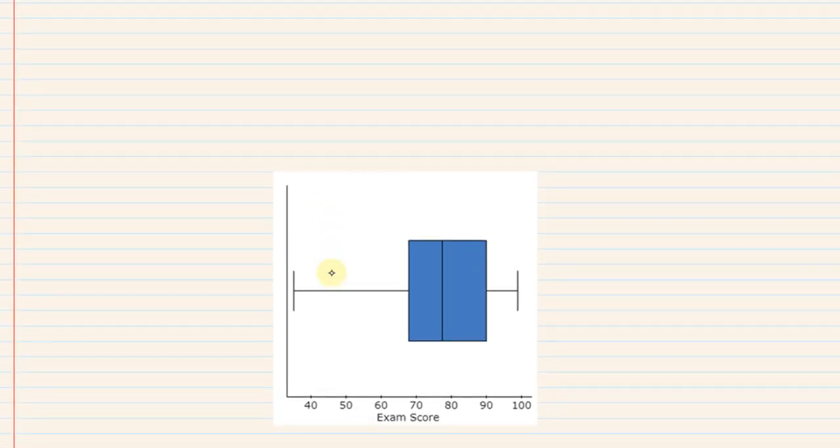So let's actually do that. These are exam scores, and I want to know what is the distribution of exam scores. So let's graph the histogram that corresponds to the box plot. Any histogram that's derived from a box plot is going to have 4 bars in it, and you'll see why.